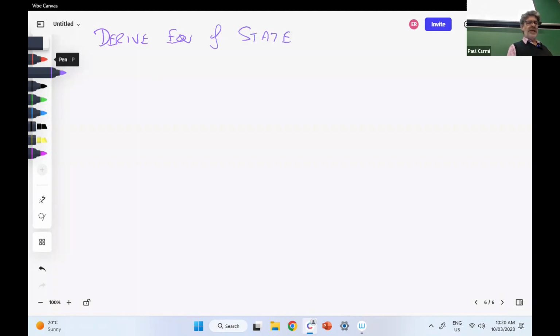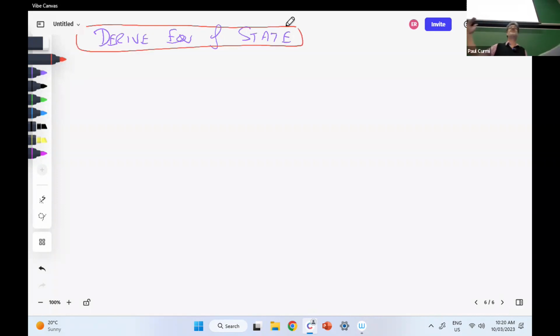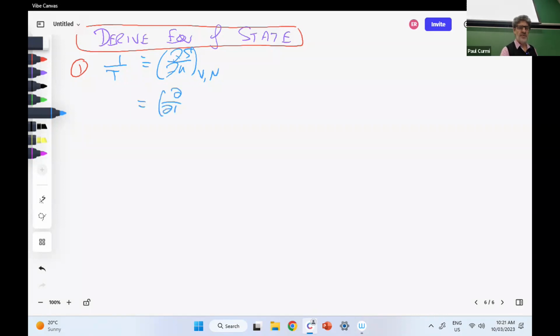Okay, now given that we integrated the equations of state a long time ago and derived Sackur-Tetrode, obviously it's going to spit them back. So number one, 1 over temperature is defined as the derivative of entropy with respect to U, keeping V and N constant. I just differentiate that equation, d/dU keeping V and N constant.